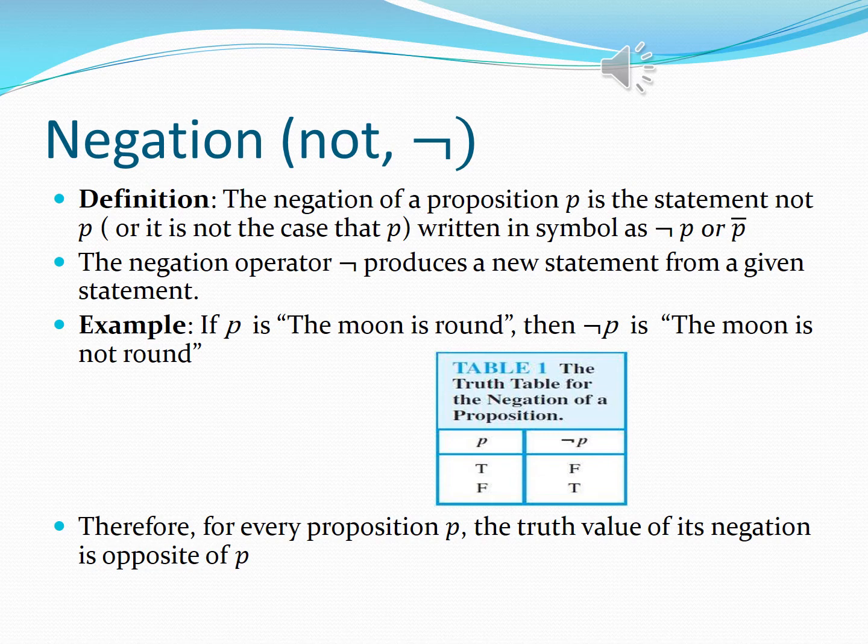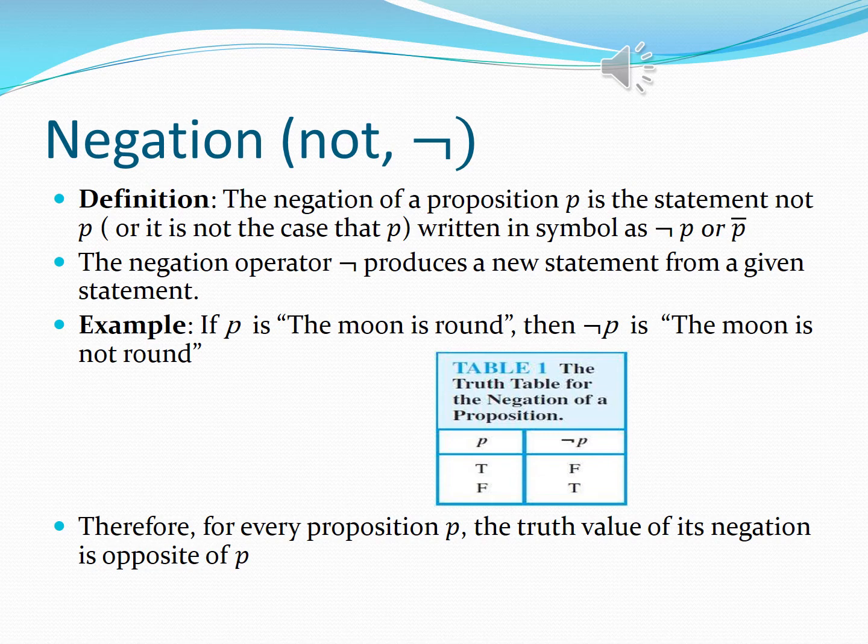The negation operator produces a new statement from a given statement. If P is "the moon is round," then ¬P is "the moon is not round."